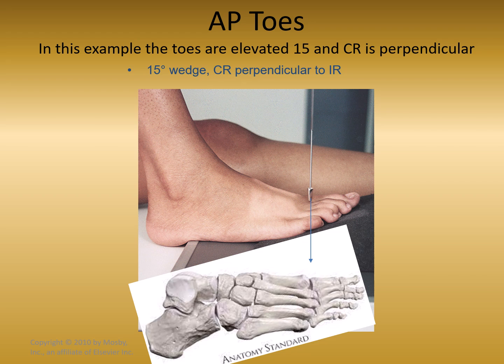Now we're placing those phalanges parallel to the IR, and the joint spaces will now be perpendicular to the IR. So since the joint spaces are perpendicular to the IR and we want the central ray to slide right through those joint spaces, it only makes sense that now we can use a perpendicular central ray to slide straight through those perpendicular joint spaces.